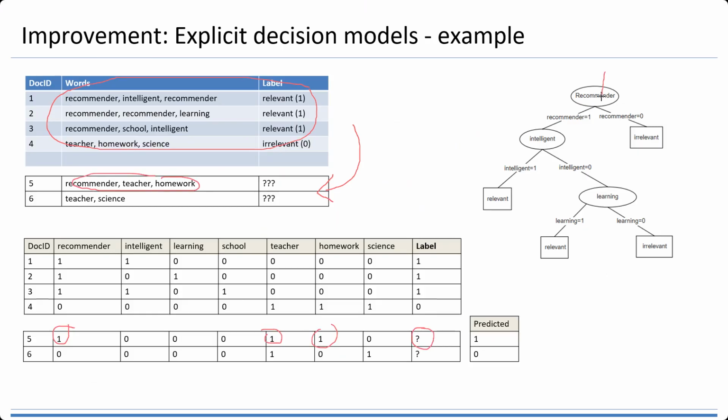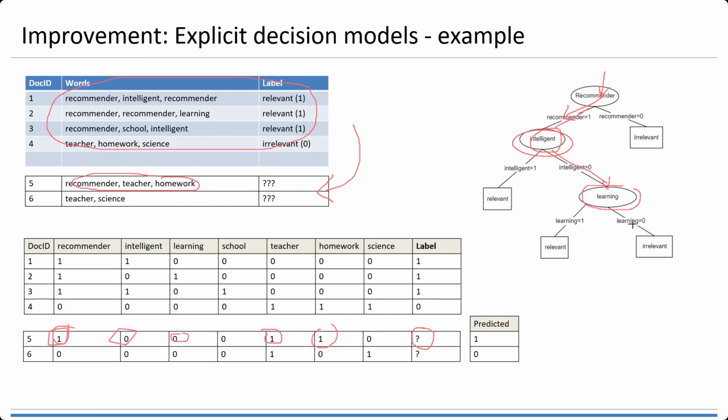Let's check this one. Is there any word recommender? Yes, there is the word recommender. Then let's check this one, intelligent. Is there any word intelligent? No. And we go to this one. Is there any word learning?